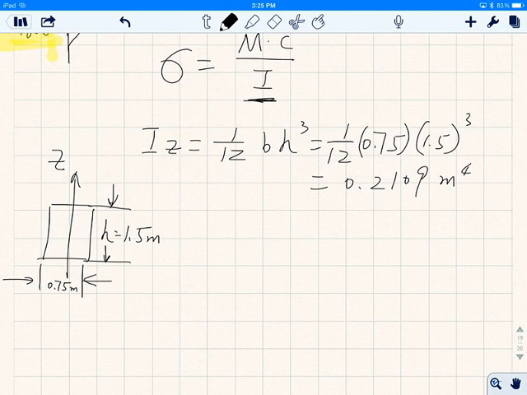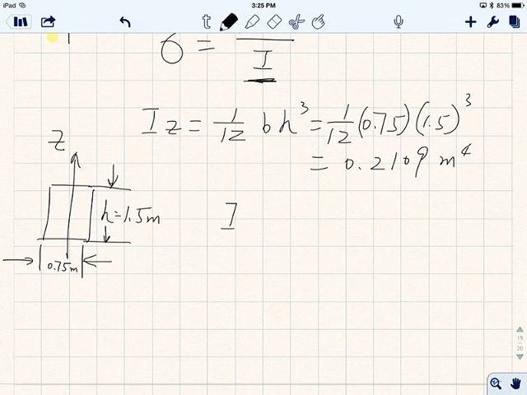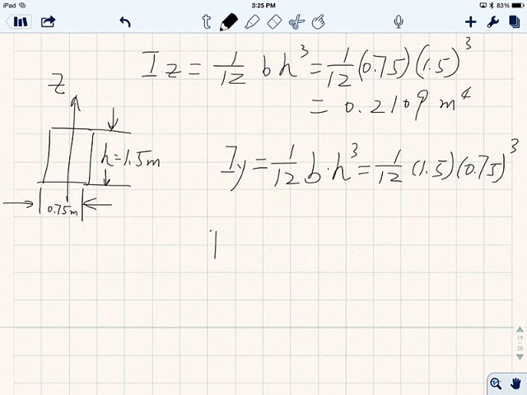All right. So that's the same thing. And for Iy, you can calculate in the same fashion, 1/12 base times height cubed. Did I say something wrong, or did I break your ruler? No. Okay. All right. So in this case, it's the other way.